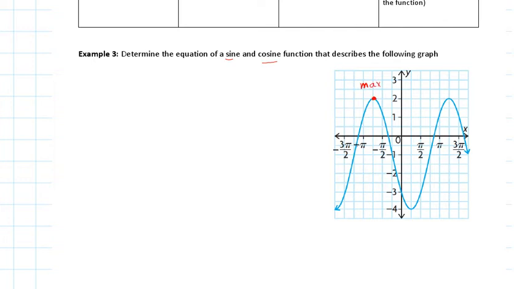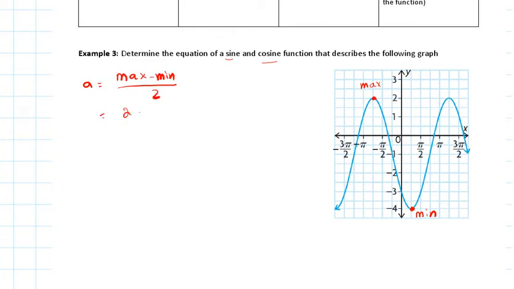So the max is at 2, the min is at -4. To find the A, which is the amplitude, I have to do max minus min divided by 2. That's 2 minus -4 divided by 2, which equals 2 plus 4, that's 6. 6 divided by 2 is 3. So the amplitude is 3.